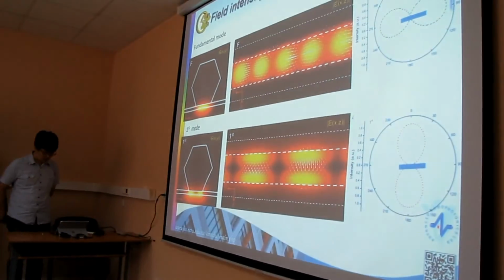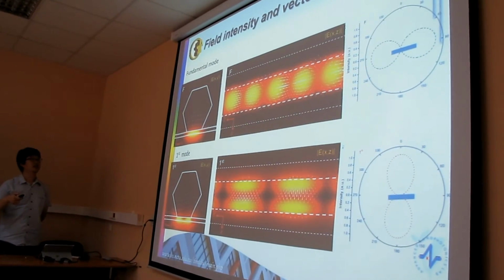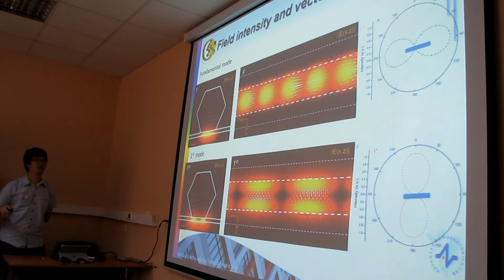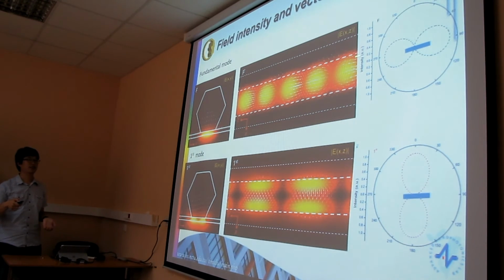So this is the calculation from the 3-dimensional model, which is consistent with our experimental result, that the signal we observe in our experiment is the fundamental mode here.